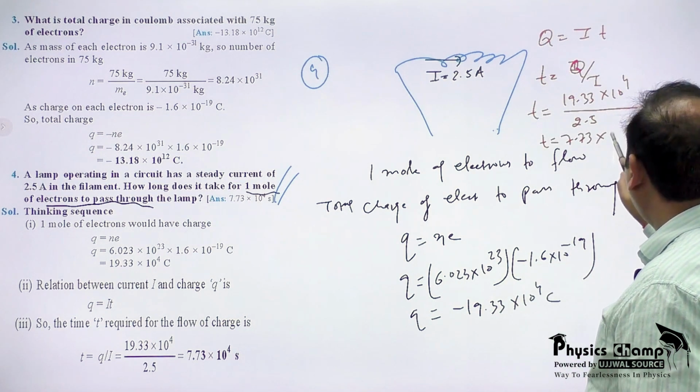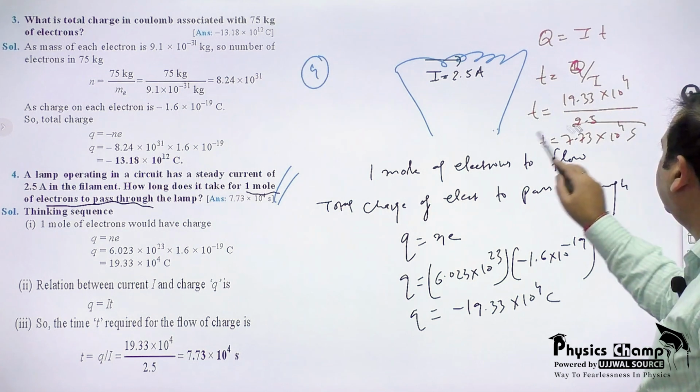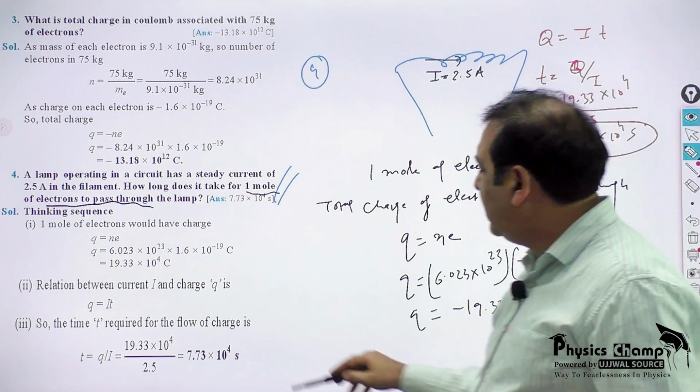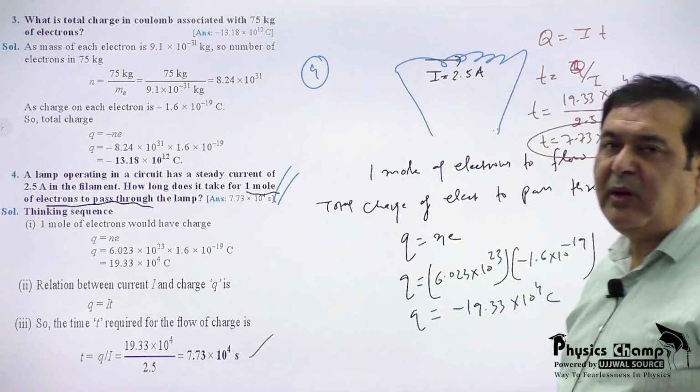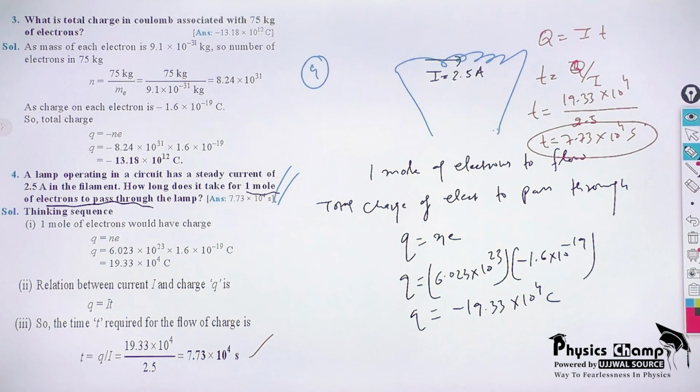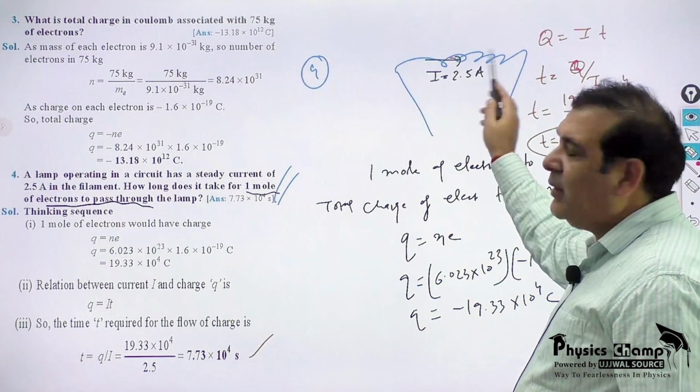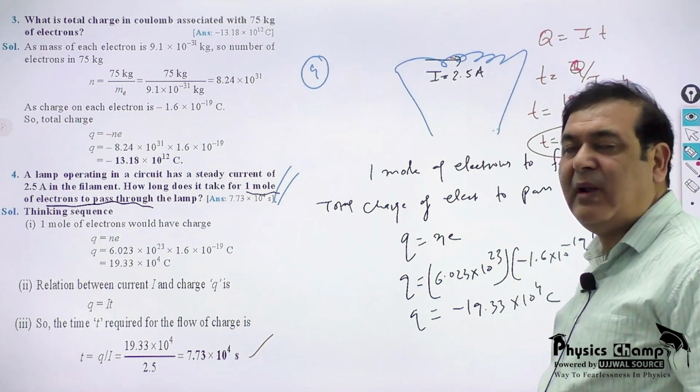So it will take a time of 7.73 into 10 to the power 4 second for 1 mole of electrons to pass when the current is flowing in the filament.